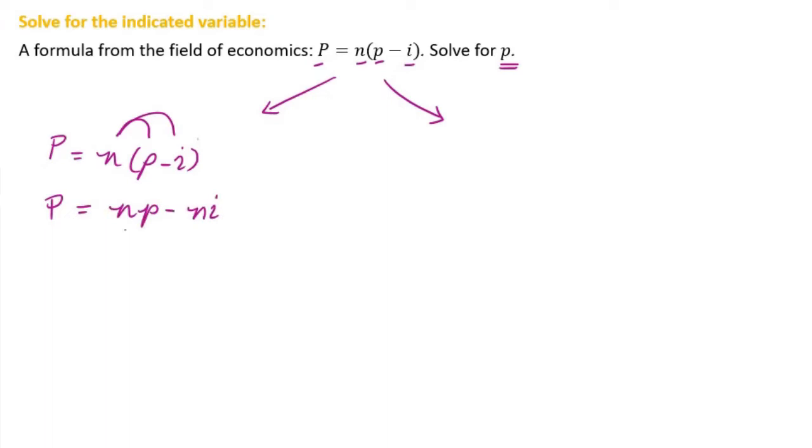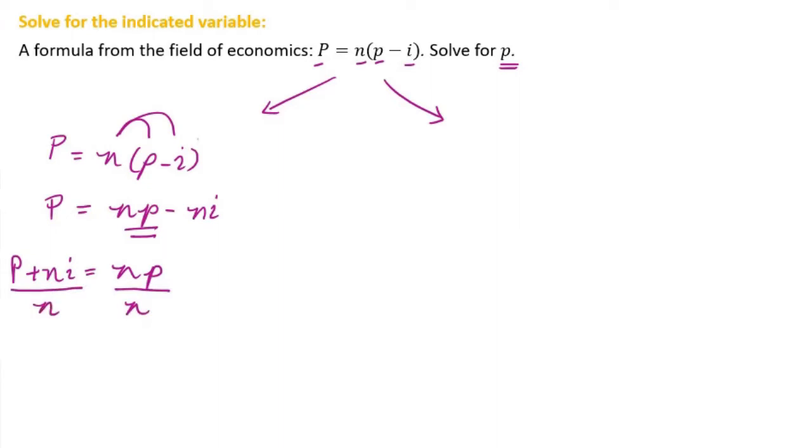Where's the variable we're trying to isolate? It's in this term. So now we'll isolate the term that our variable is in. To get rid of the negative nI, we'll add nI to both sides. So we have P plus nI is equal to nP. P's last remaining problem is that it's being multiplied by n, so to eliminate the n, we divide both sides by n.